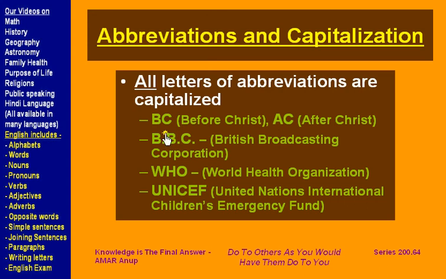When the letters in an abbreviation are separated by full stops, like B.B.C., which stands for British Broadcasting Corporation, all the alphabets are capitalized. Another example, WHO is an abbreviation for World Health Organization, so all three alphabets of WHO are capitalized.